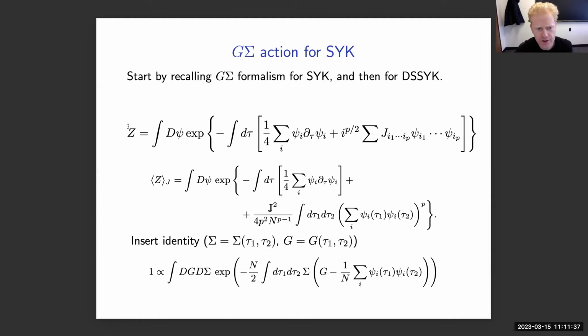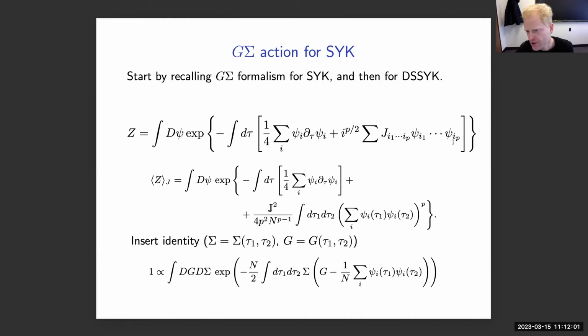When we consider the partition function of SYK, we just have a path integral over these fermions. Tau here is the Euclidean time. This is the action, and this is the Hamiltonian, and since we consider the action, we also add this kinetic term. Now, when we do the average over these couplings J, we assume that they are Gaussian, so we can just complete this to a square.